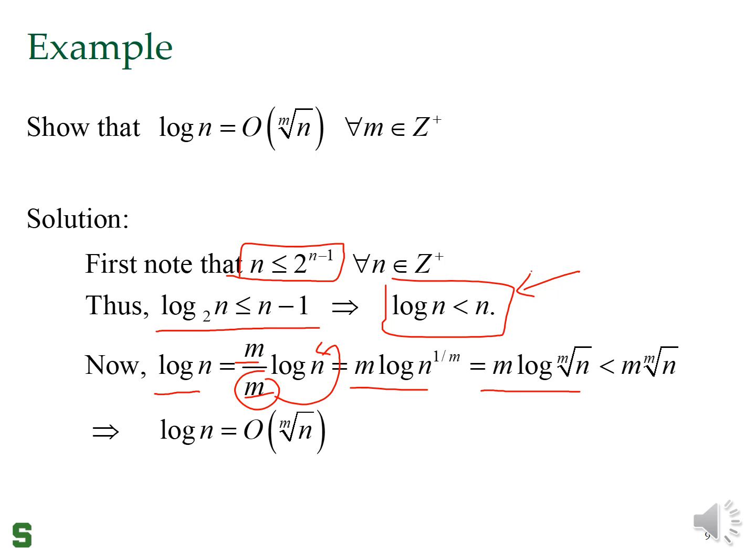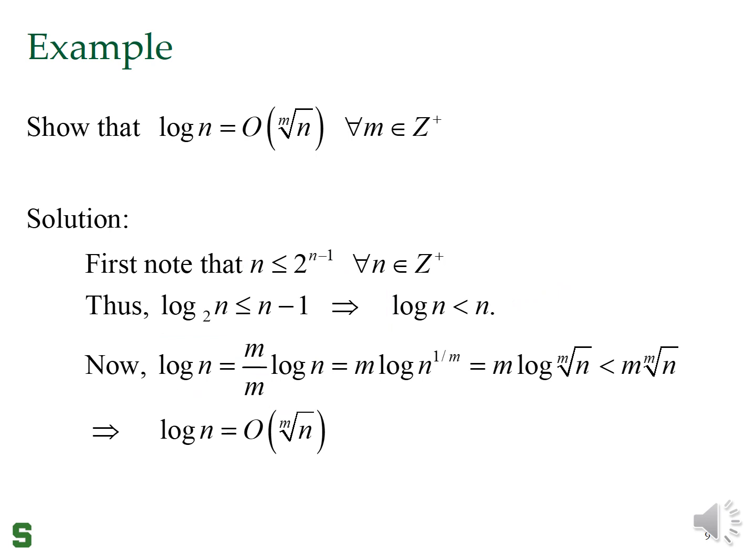Now I can replace this term by this term because that's exactly what we showed earlier: log of n is less than n, so log of the mth root of n is less than the mth root of n. So we can replace it like that, and that means log of n I can show is big O of the mth root of n.